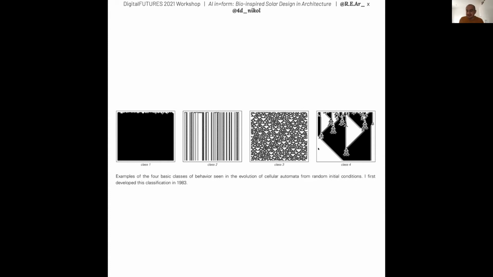And then the fourth one is class 4, the complex one, because in a certain way, class 4 can mix the 3 other classes all together.